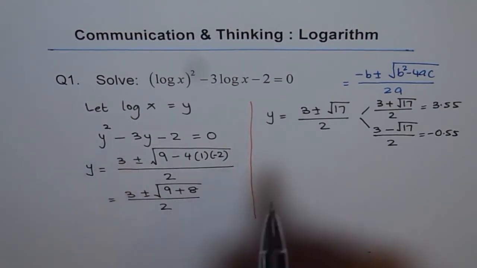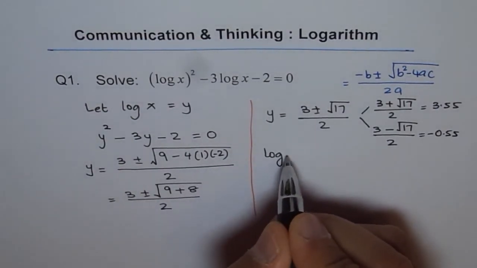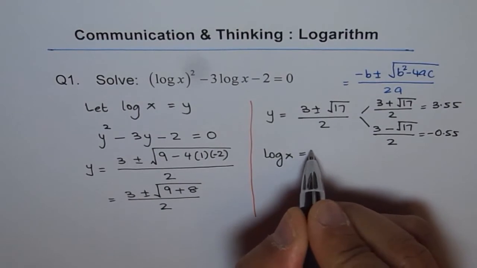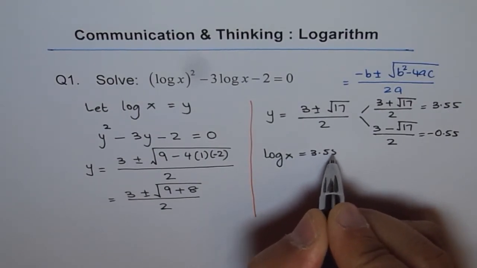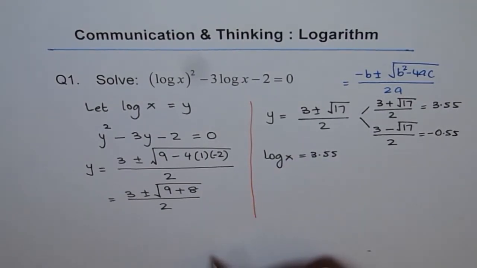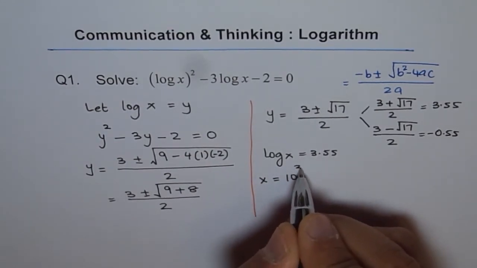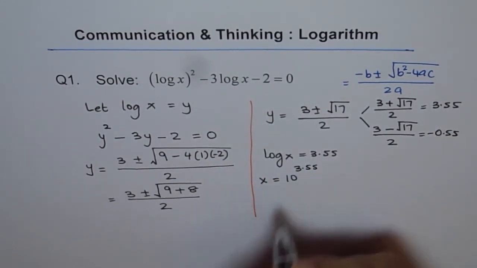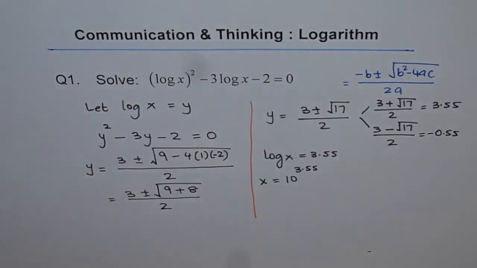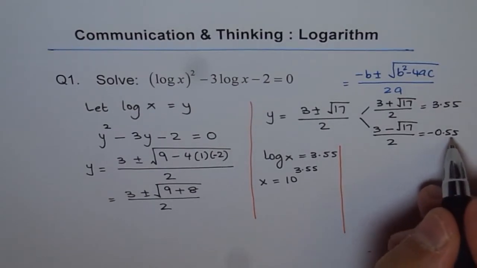So we can now write log x equals to 3.55 and find the value of x. So x will be equals to 10 to the power of 3.55. So that is one solution. Now the other solution will be minus 0.55.